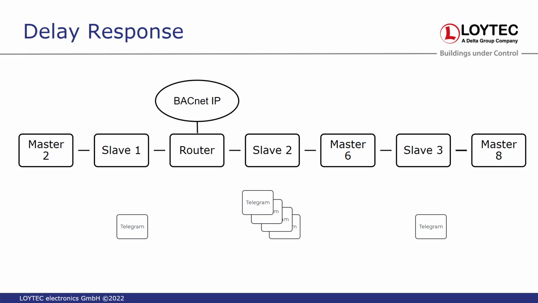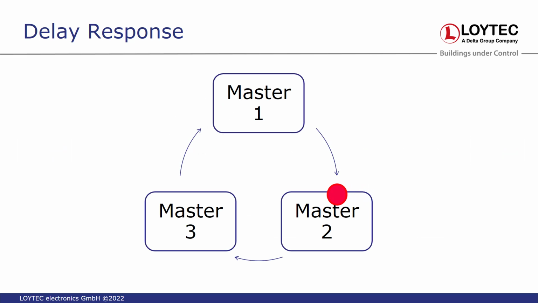And this token passing is also the reason why, like you said, you have a project that is working fine, and after some time it's getting slow. This can be because if only one device or a few devices fail or do not respond fast enough anymore, then you have a problem with passing the token from one to the next.